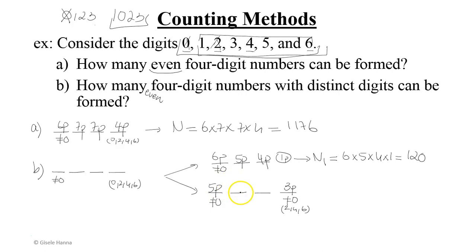Now for the second digit, I cannot choose the one I have chosen for the last one and for the first one, but I can now choose 0. 0 is now available. So that would rule out 2 possibilities out of all the 7 objects I have, leaving me with 5 possibilities.